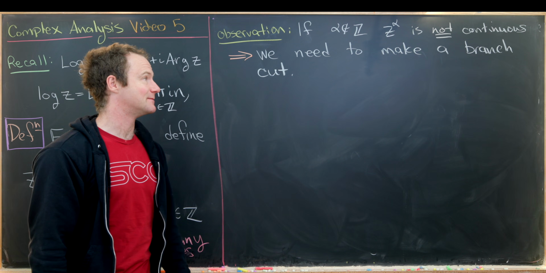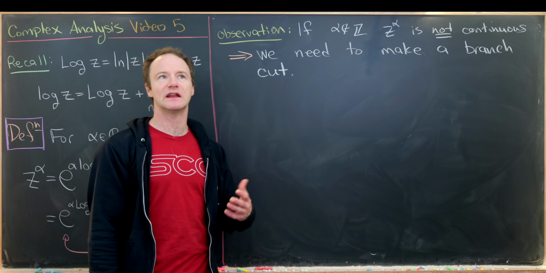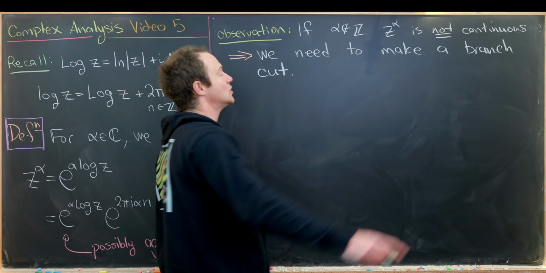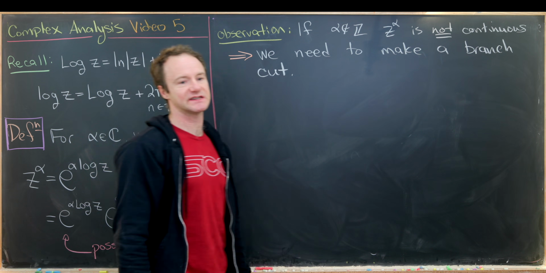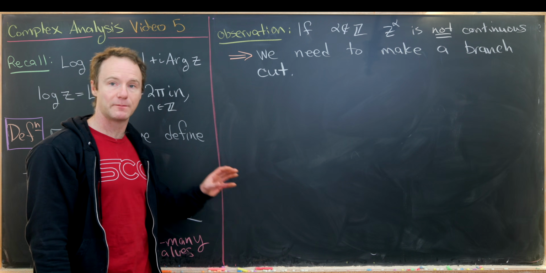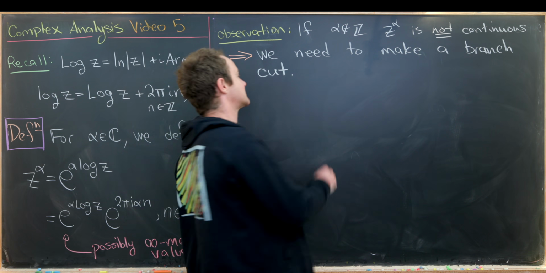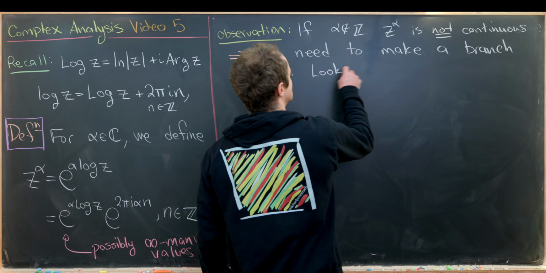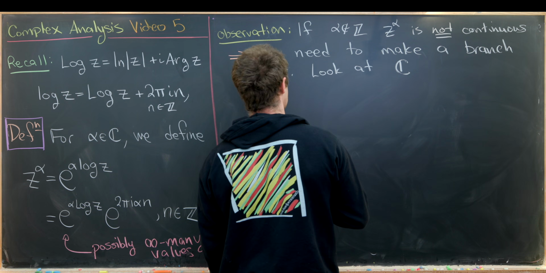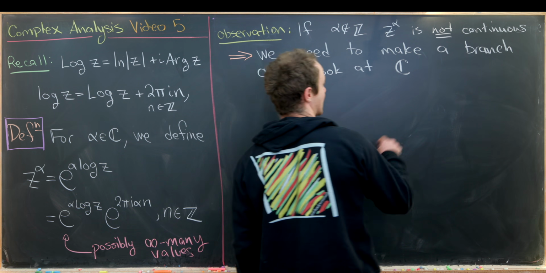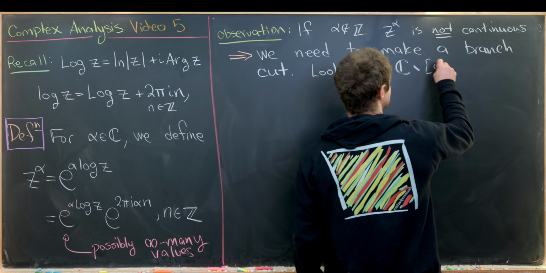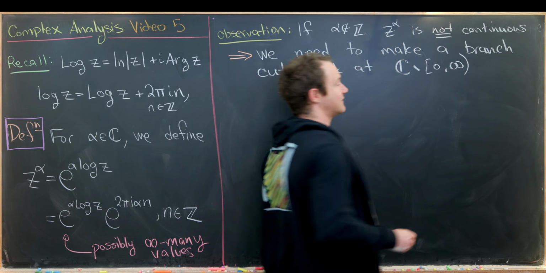But that means we need to make a branch cut, much like we did in the logarithm case and the square root of z case, which is actually a special case of this setup. The branch cut that we will make is along the non-negative real axis removed, so we'll look at C minus the interval from 0 to infinity.